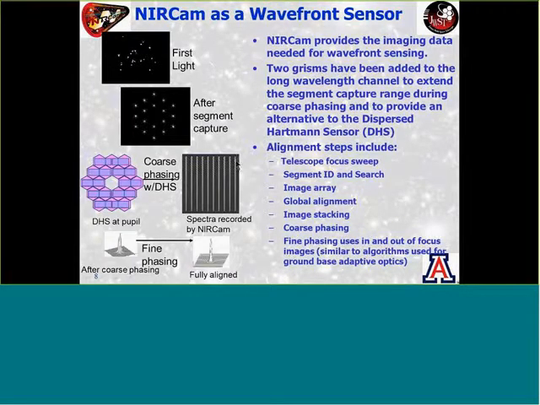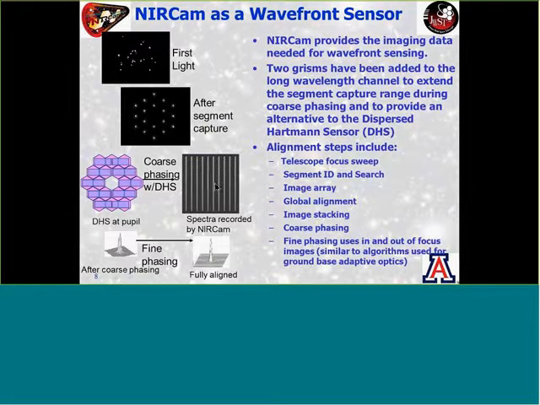And you'll notice that the star turns into these things that look like barber poles, and by measuring the frequency of this variation in the spectrum, you can tell how much out of phase or how much defocus there is between two segments.